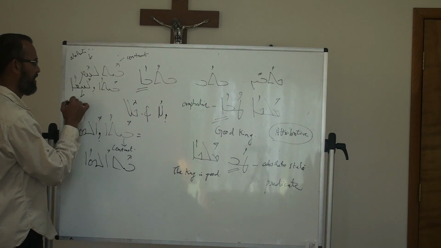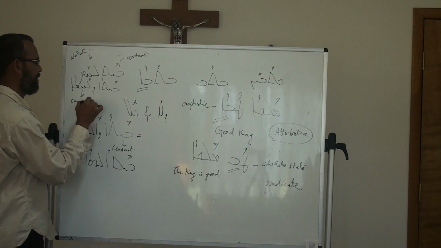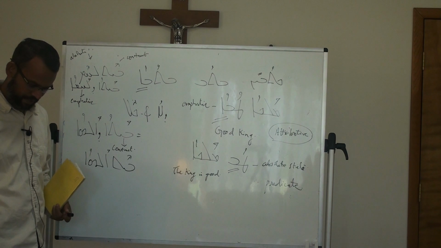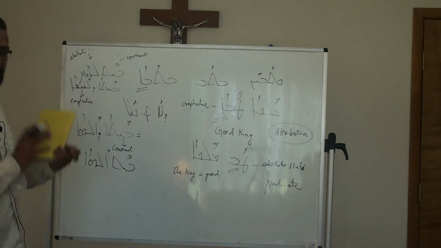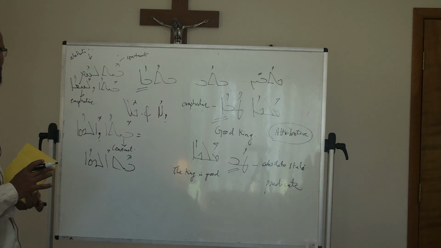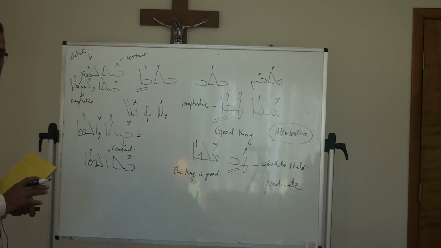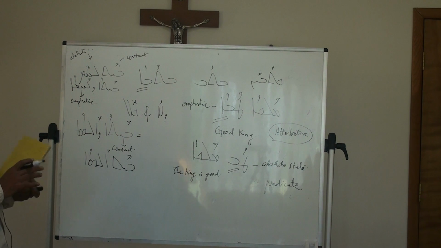This one is the emphatic. So just keep an eye out to figure out whether it is in the absolute or in the construct form. You will find nouns both in the emphatic state as well as in the absolute state.